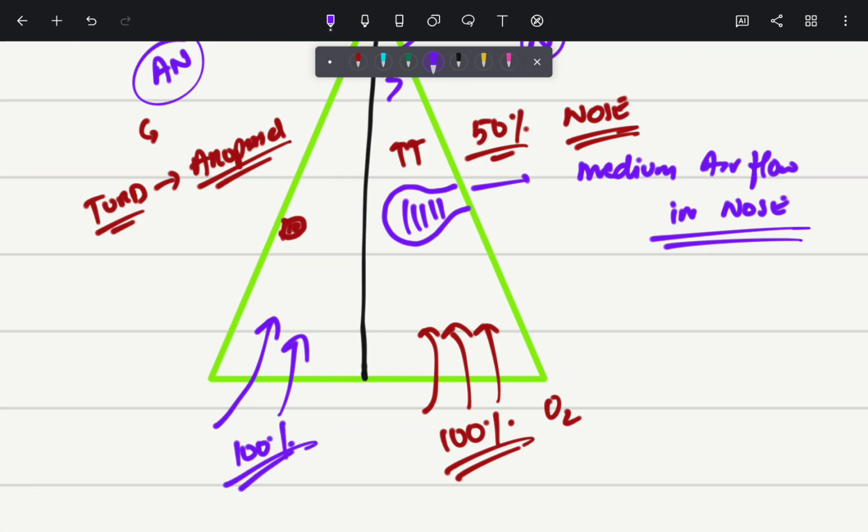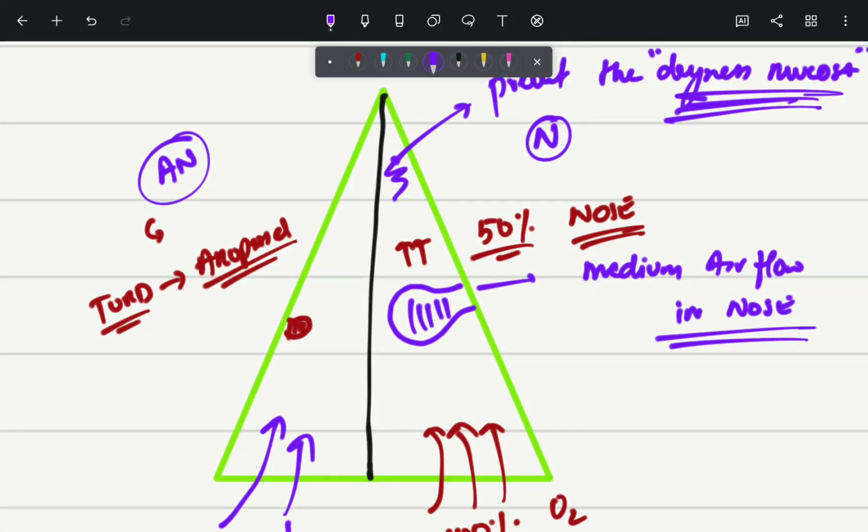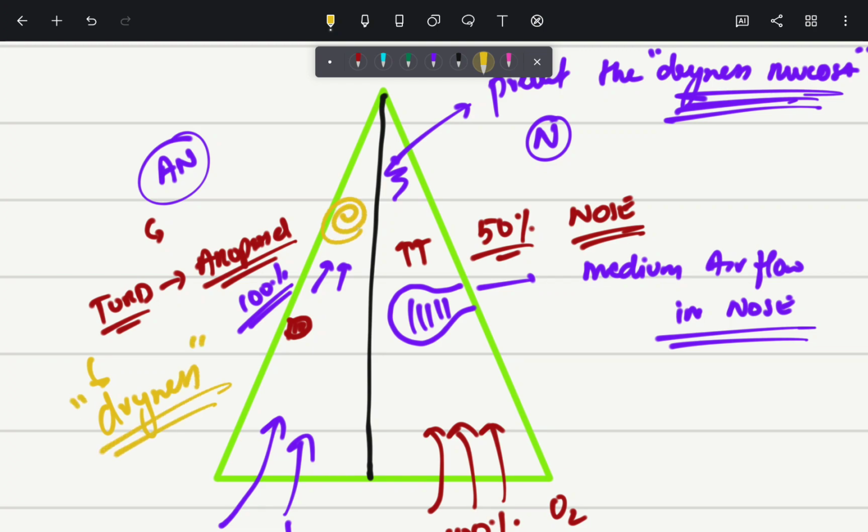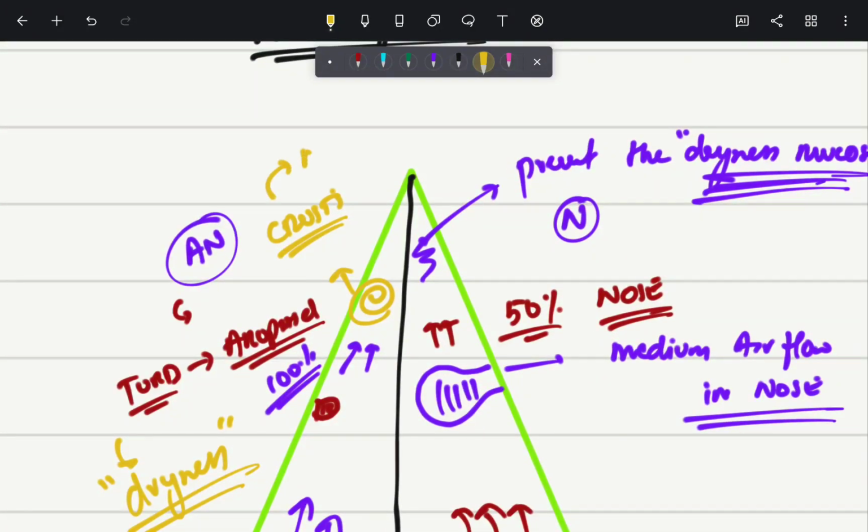Imagine they are taking a lot of air, and 100% is reaching the internal part of the nose. So obviously this will lead to dryness. The internal nose gets completely dried up. When it is completely dried up, there will be formation of crusts. Crusts are nothing but mucus plugs, which will develop if there is dryness of your nose.